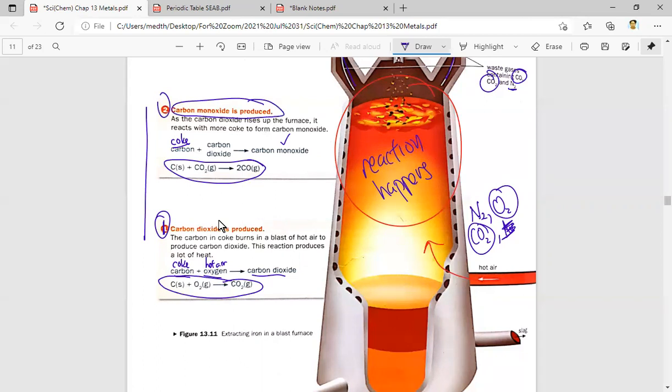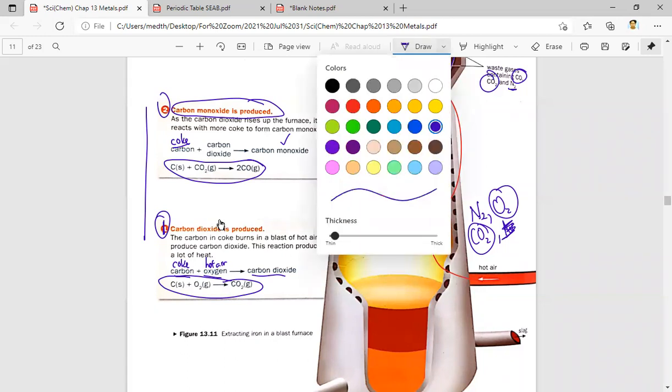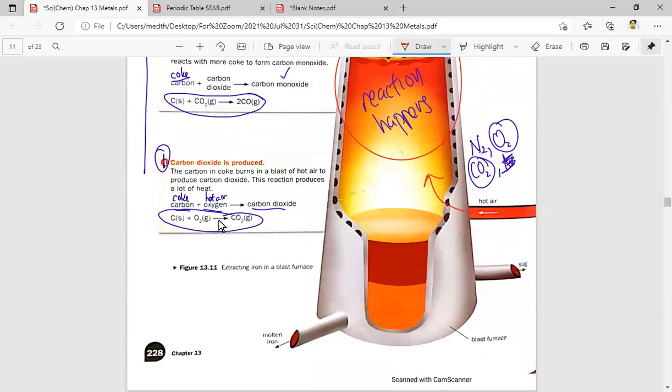Now, some of you may say, how to remember all this, it is so difficult. My suggestion is to remember the equation. If you know the equation, you can describe it. So for example, for number one, if I know the equation, I will just say coke reacts with oxygen from the hot air to form carbon dioxide.